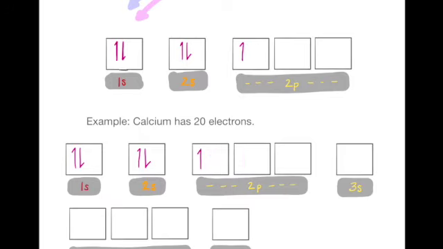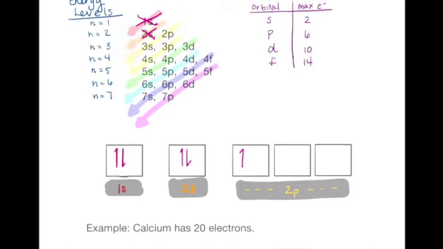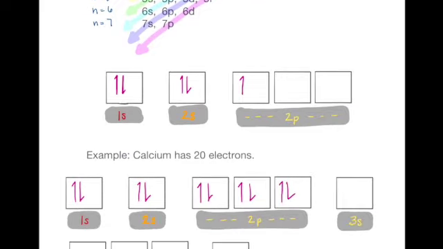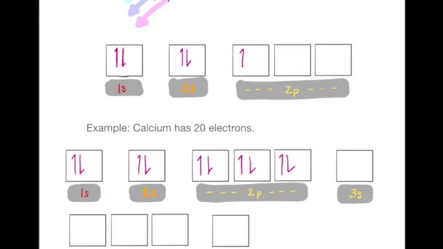As we go through this, we put in our 3 upwards ones. So now we have 1, 2, 3, 4, 5, 6, 7, 8, 9, 10 electrons. Now we have to go to the 3s level, because we've gone through 1s, 2s, 2p, and now we're in the 3s. S can only hold 2, so 11, 12.